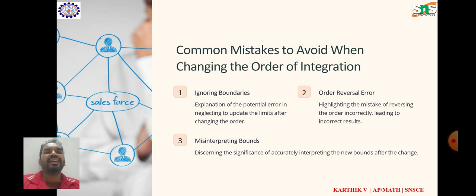If you are working with iterated integrals, ensure that you change the order of integration in both inner and outer integrals. Skipping the sketch of the region of the integrals. It is helpful to sketch the region of integration before and after changing the order of integration. Rounding errors. Be mindful of rounding errors, especially when dealing with numerical computations. Rounding too early or inaccurately can affect the results.